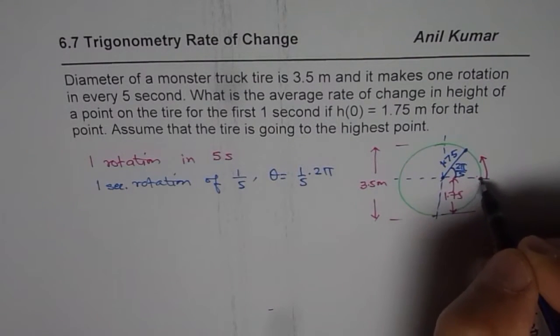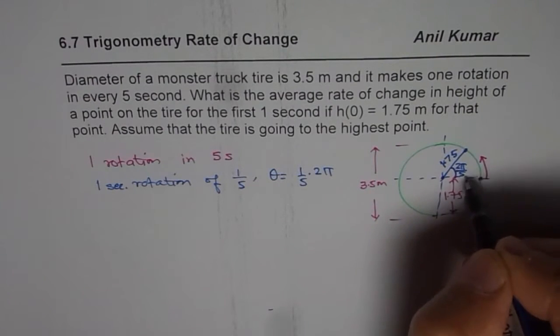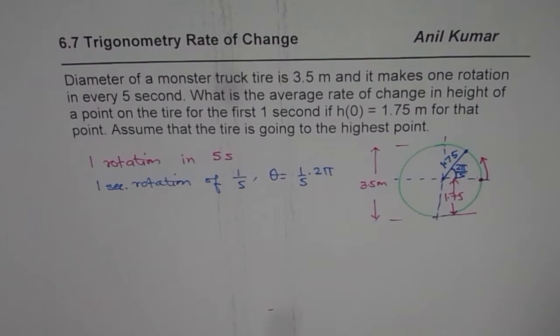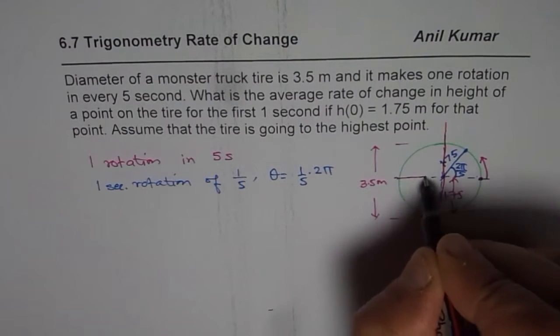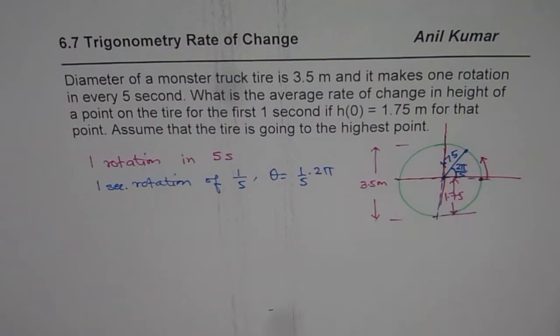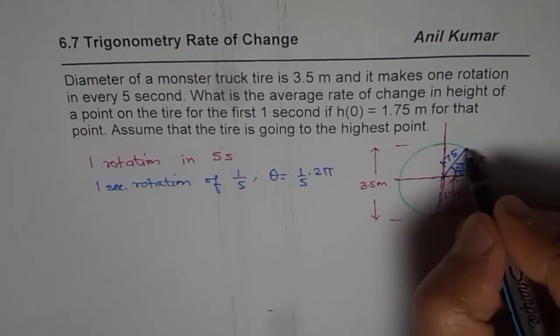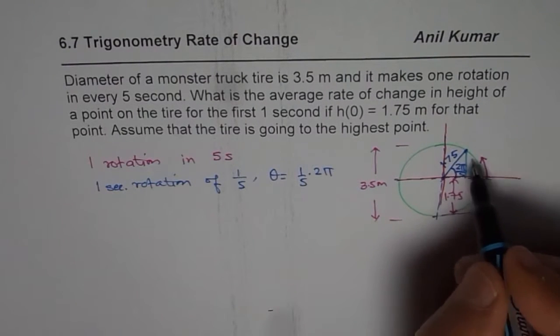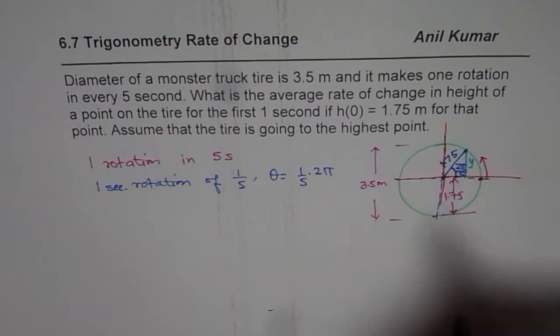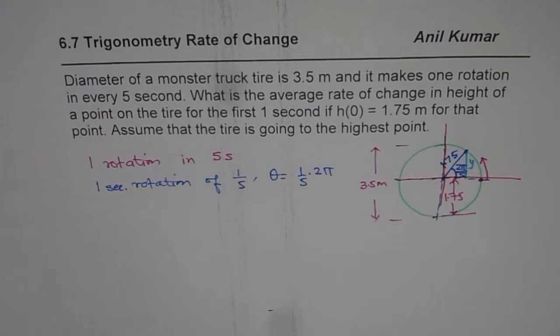To find the distance, we can assume a new reference frame, thinking about the axis kind of like this. Here what we will calculate is the height of the point above the center line, the axis. Let this height be y. How much is this height?